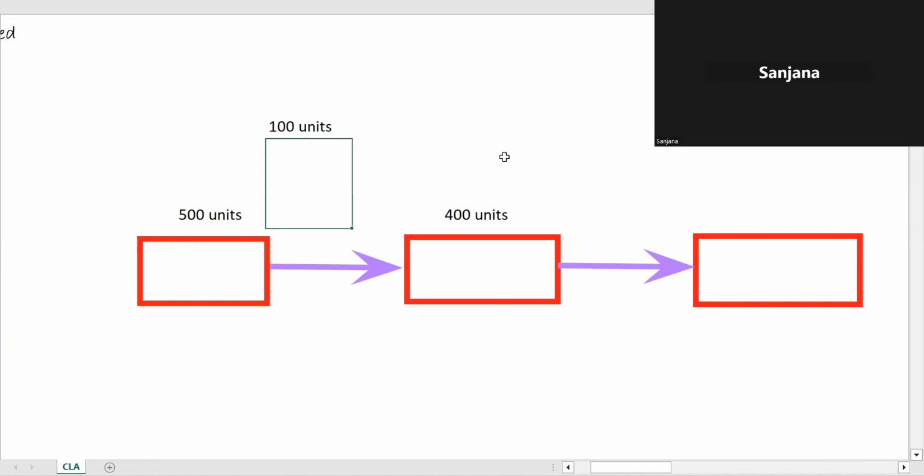Which is why machine loading means making sure that if the capacity of this is 500, then this should also be 500. Either increase its power or add a small supporting machine so that its capacity increases to 500. That is called machine loading.